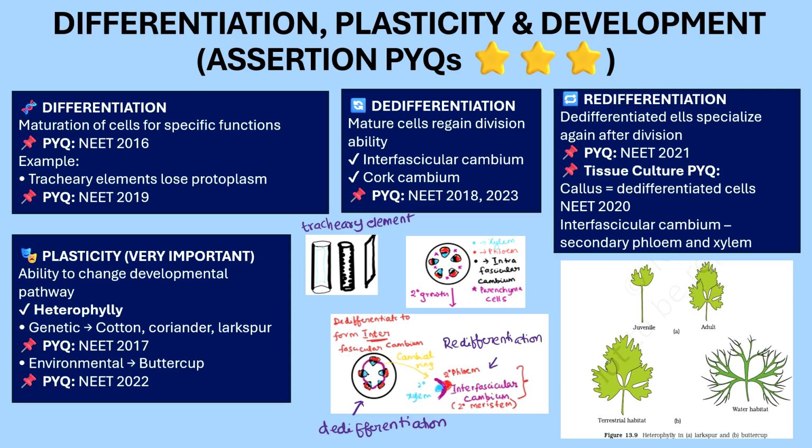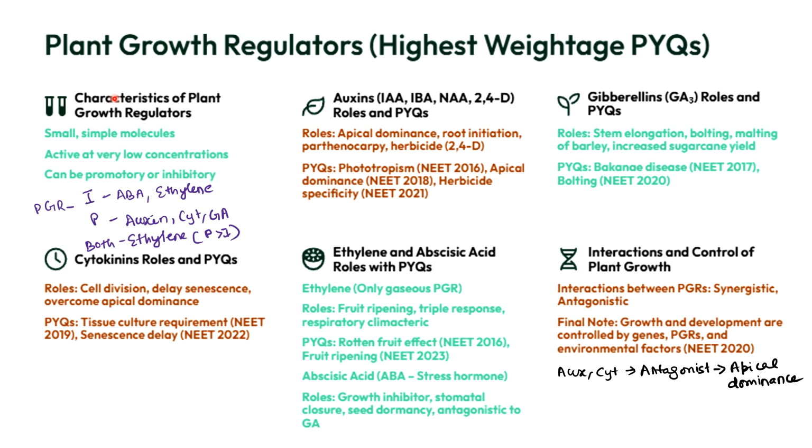Okay, so let's start with the final topic, that is plant growth regulator, which is the topic having the highest weightage in PYQs. Some questions come from characteristics of plant growth regulators, that is, small, simple, active in low concentration, and they act as inhibitors: abscisic acid and ethylene; promoters: auxin, cytokinin, gibberellin, and ethylene, which has more promoter activity than inhibitor activity.